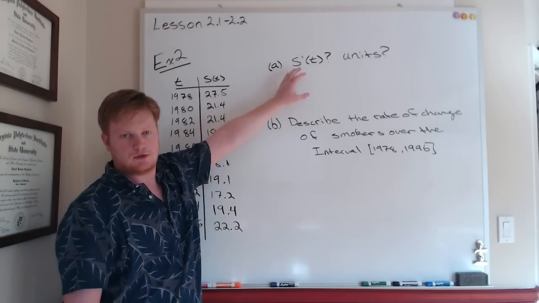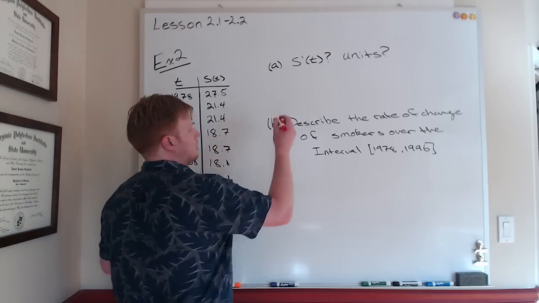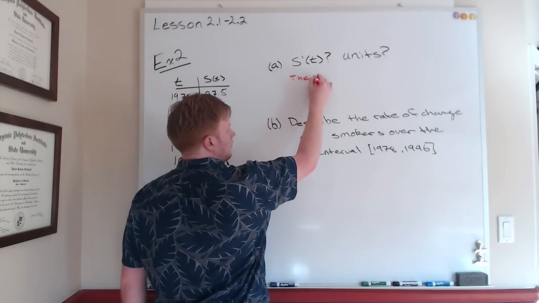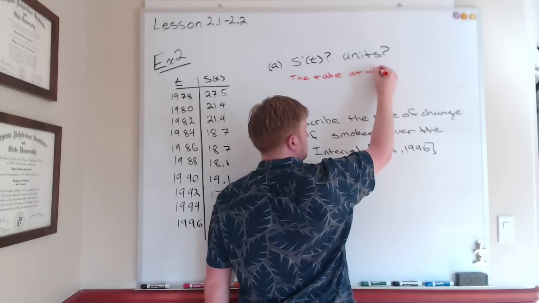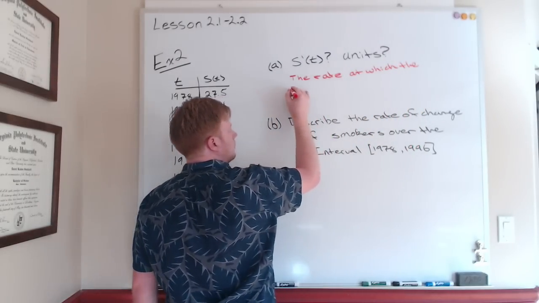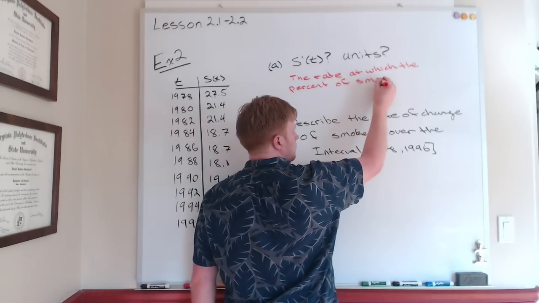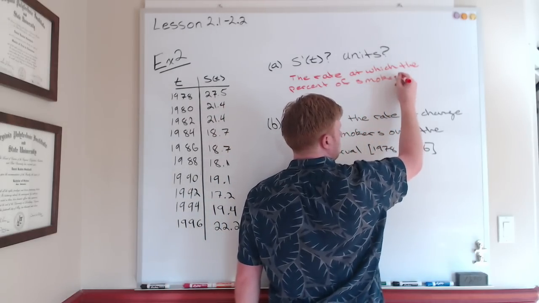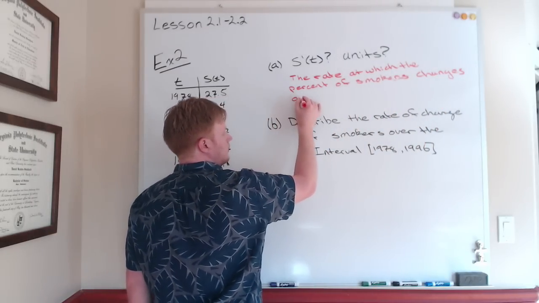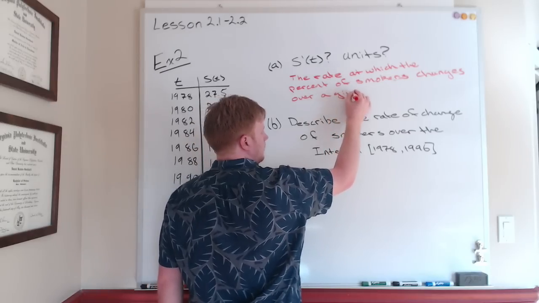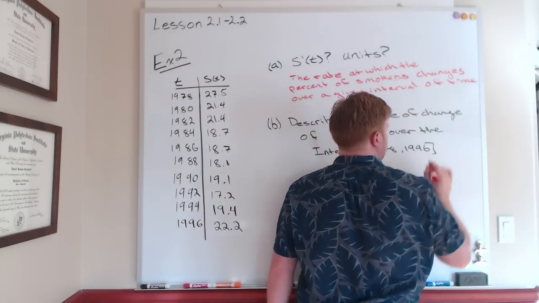And if the derivative is meant to represent a rate of change, then S prime of t represents the rate at which the percent of smokers changes over a given interval of time.